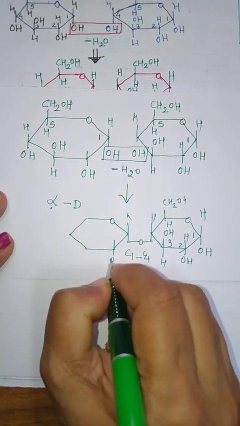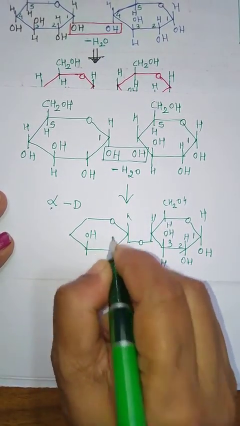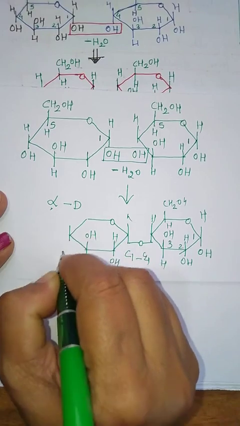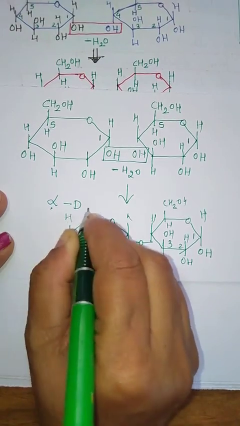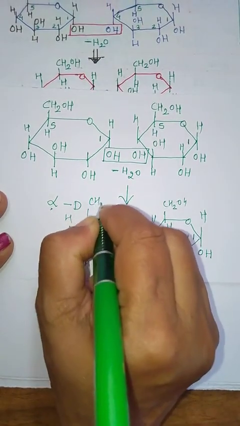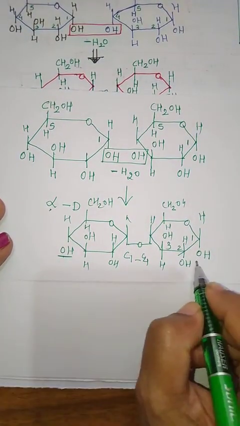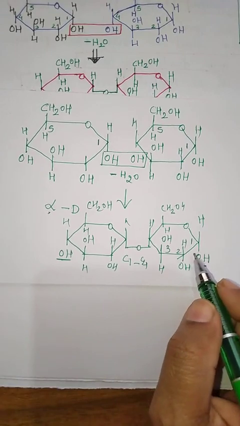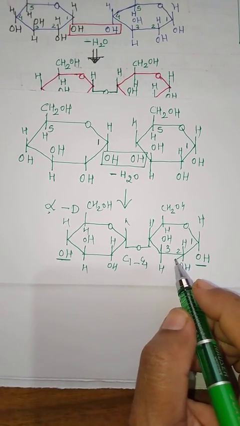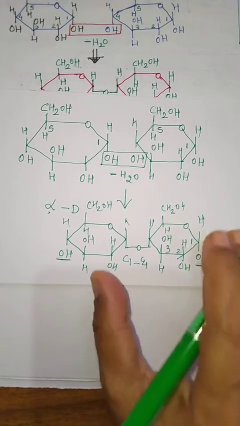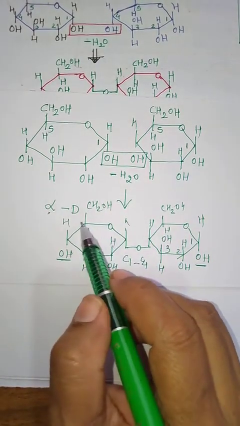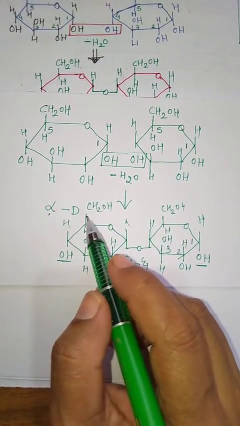Here also the same, OH OH, then this one is the fourth of the first alpha D glucose, and this is the structure. Because this is a disaccharide, we don't have to show the linkage here. In polysaccharides we can, but this is the structure of maltose. If you try this, it will be very easy to draw the structure of maltose.